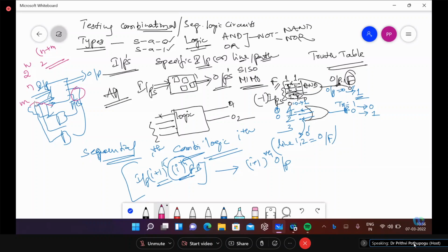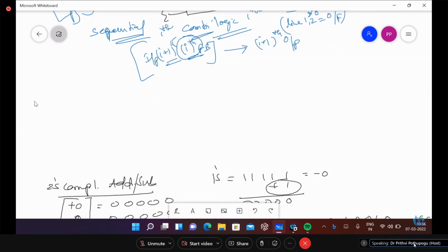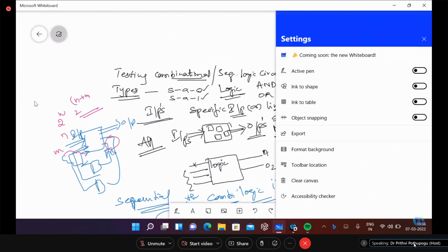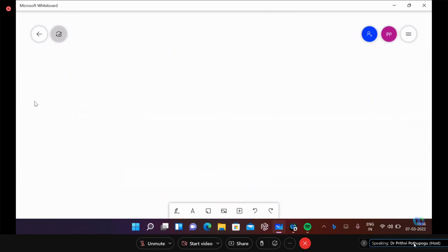So what are the combinational logic testing approaches we have seen earlier? For stuck-at 0 and stuck-at 1, we had something like finding out the test vectors.